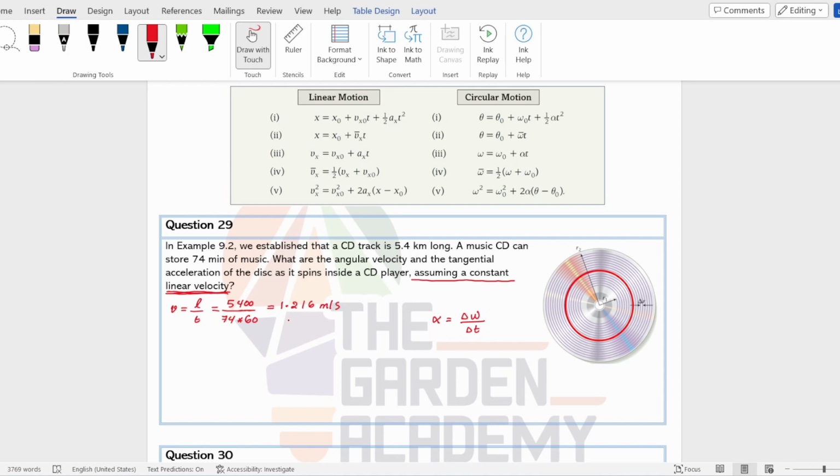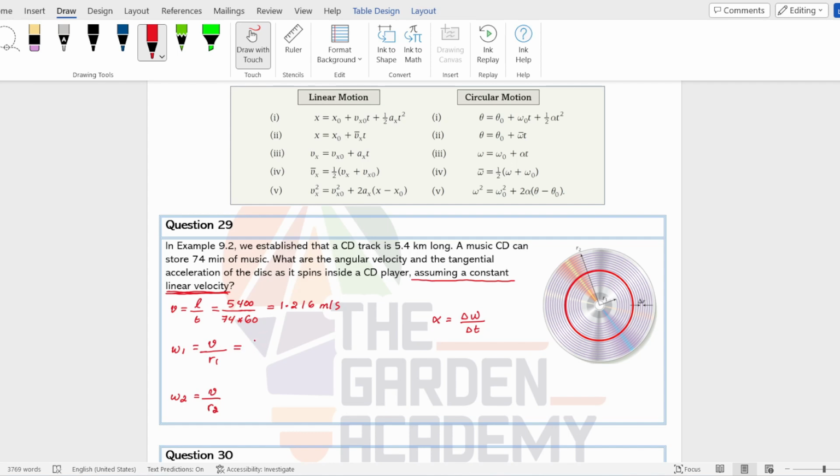لكن in this case طبعا again because we are assuming a constant linear velocity, we will say that omega 1 for the inner radius is equal to V divided by R1, and omega 2 is equal to V again, which is a constant value, divided by R2. Now let's substitute the values here.